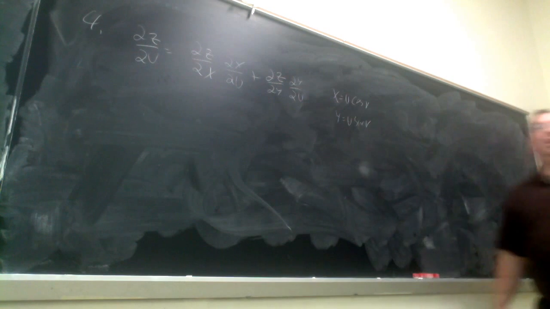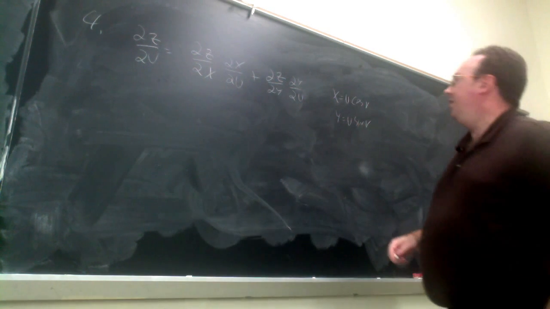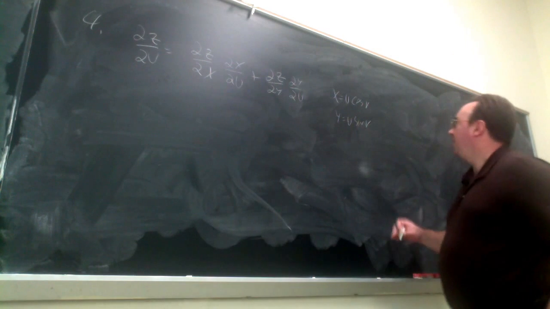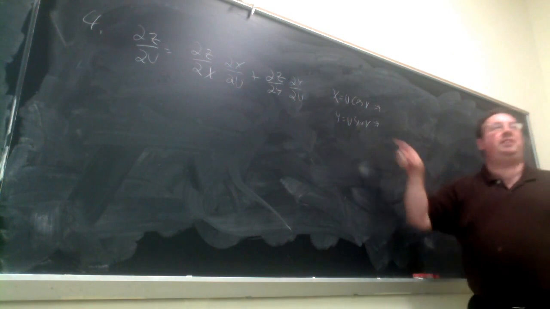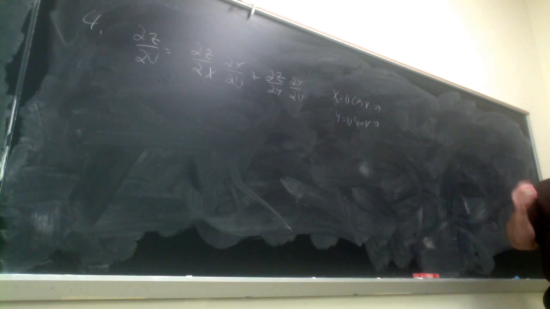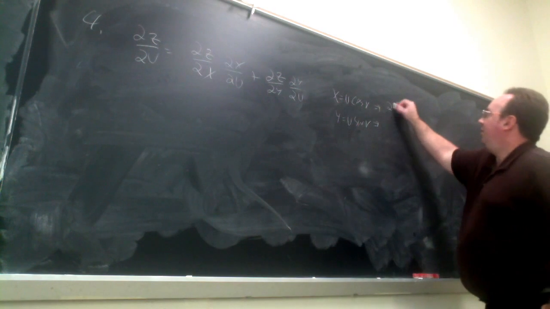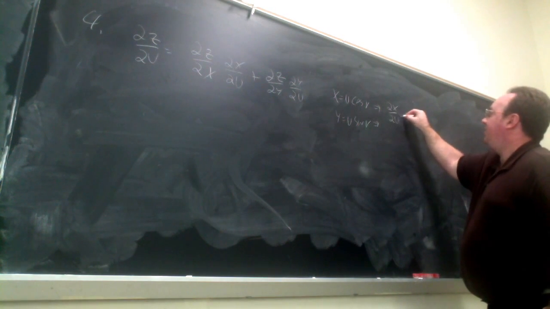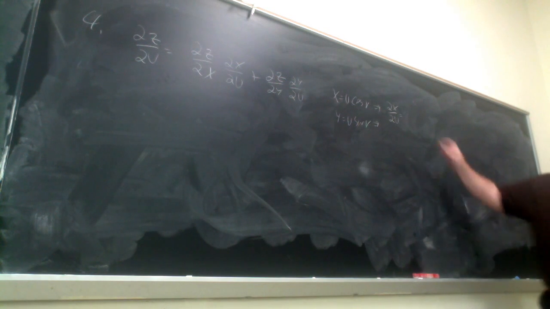There are two common problems that I spotted with this. First of all, problems with differentiating v's. Again, here we're differentiating with respect to u. U is what you're differentiating with respect to. V is held constant. So what should dx/du be? Just cosine v.